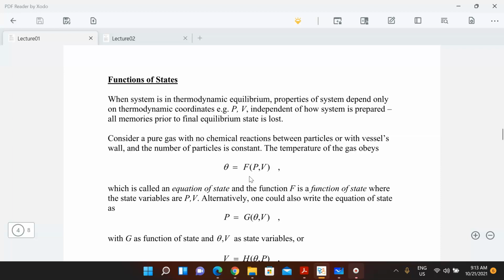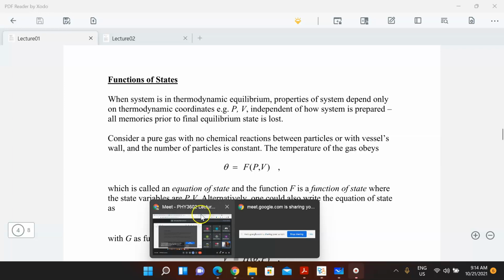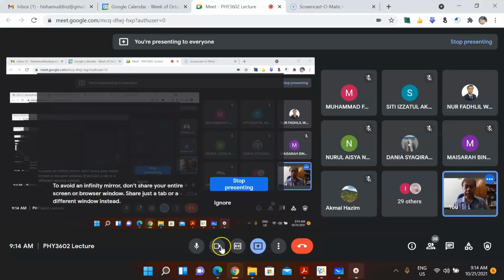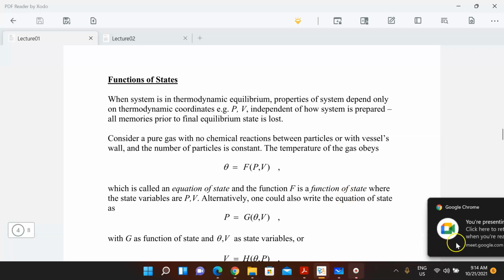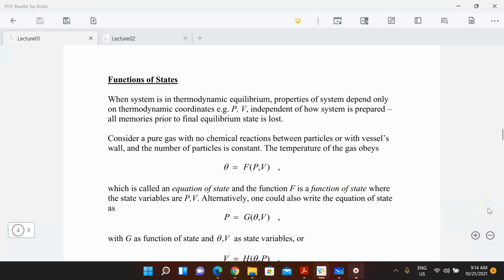The variables here: there are three variables, for example in the case of this ideal gas, that are interrelated to each other.